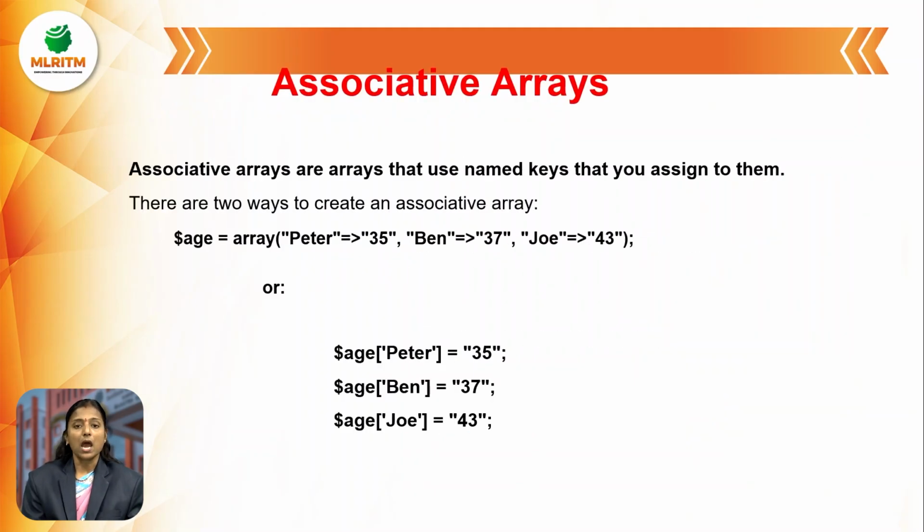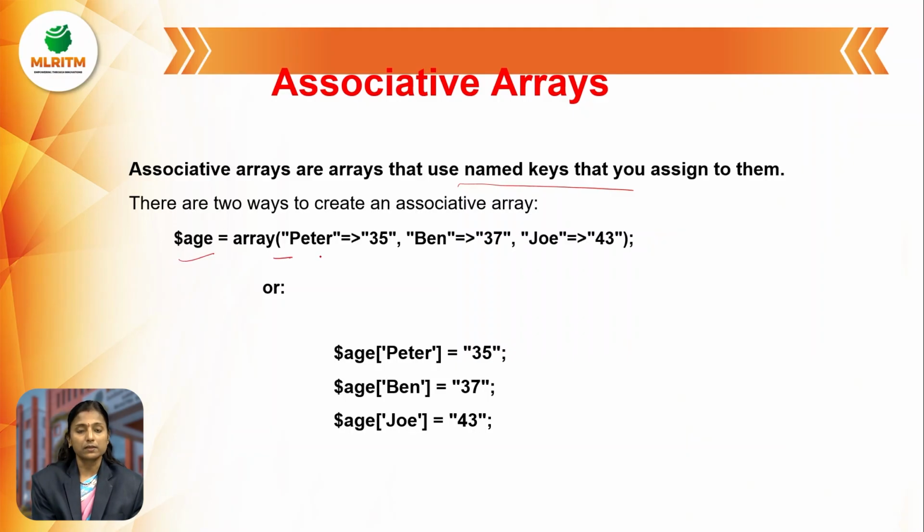Then next is the associative arrays. Associative arrays are used for named keys. Okay, named keys are assigned to them. Then there are 2 ways to create an associative array. First one, we have written an $age array.